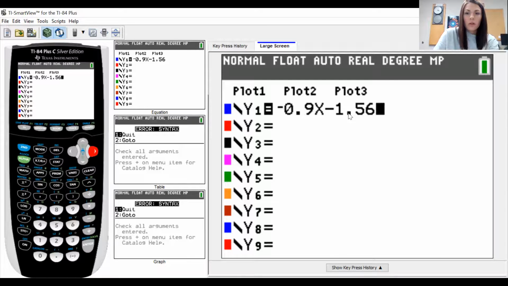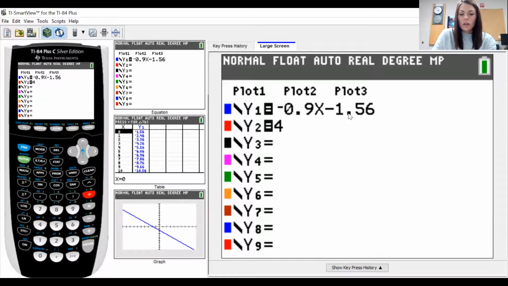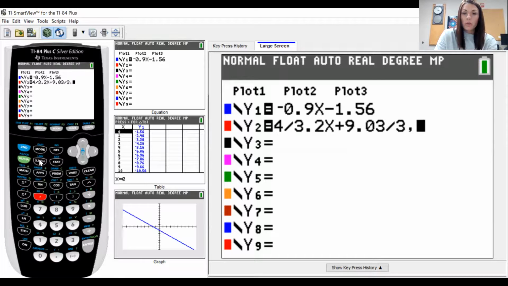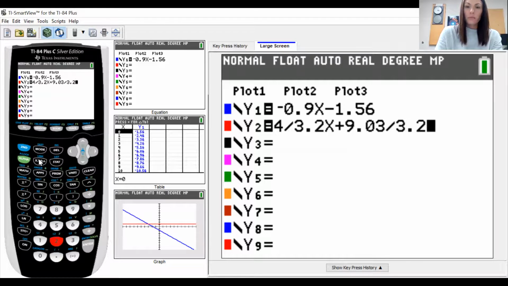Wait, okay. Hit enter. And then my other equation is 4 divided by 3.2 x plus 9.03 divided by 3.2.